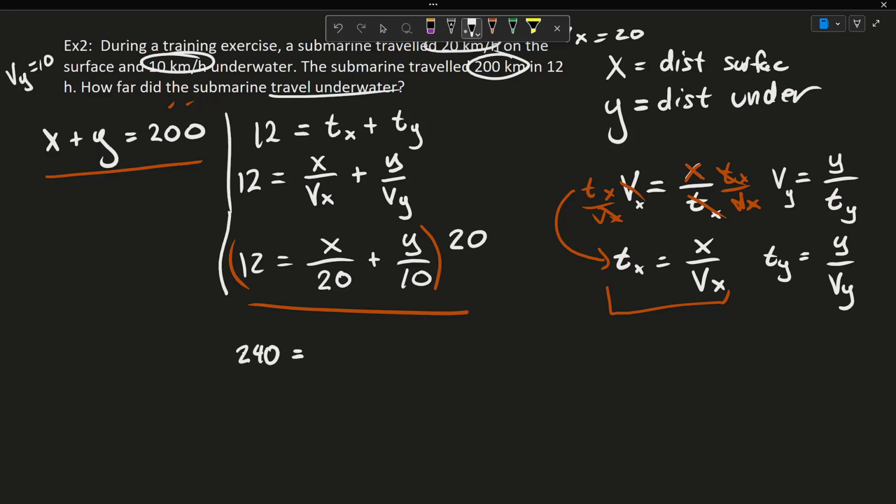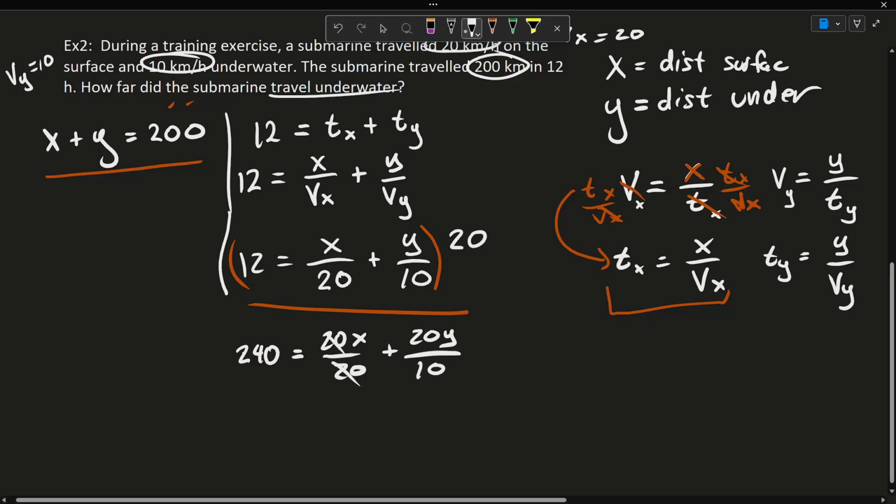And this is 20x over 20 plus 20y over 10. Well, 20 over 20 cancels, and 20 over 10 reduces to 2, leaving that. So I end up with 240 equals x plus 2y.